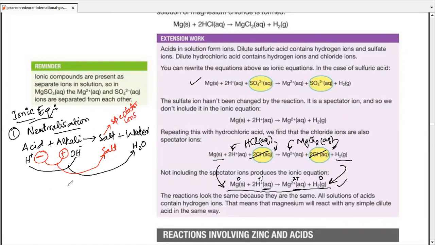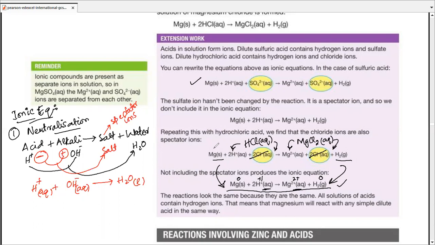For any neutralization reaction on the planet, H positive aqueous plus OH negative aqueous gives us water, liquid. That is always the final ionic equation. No matter which acid or which alkali we're talking about, the final equation will always be this for an acid-alkali neutralization.